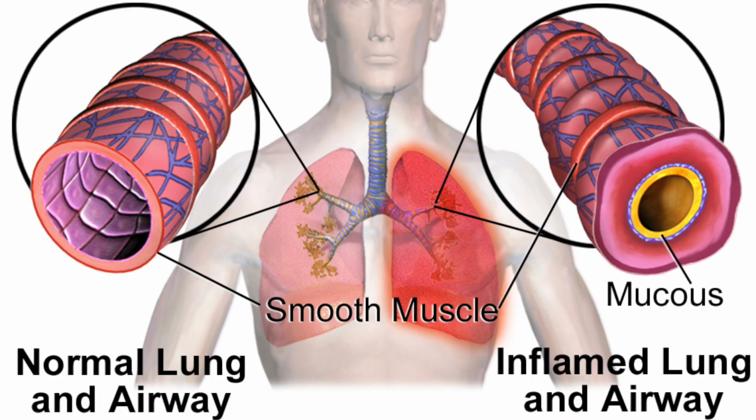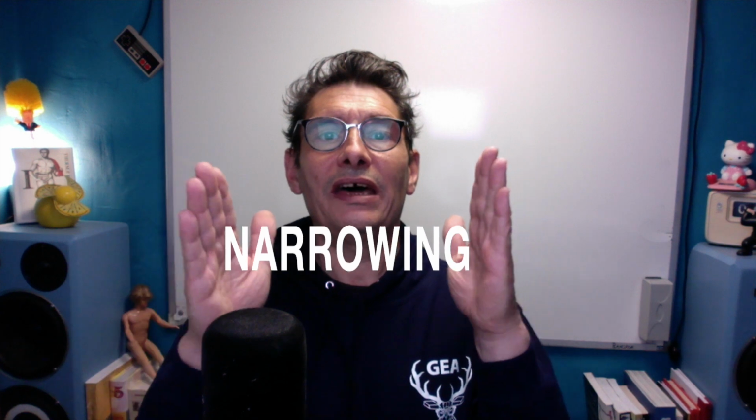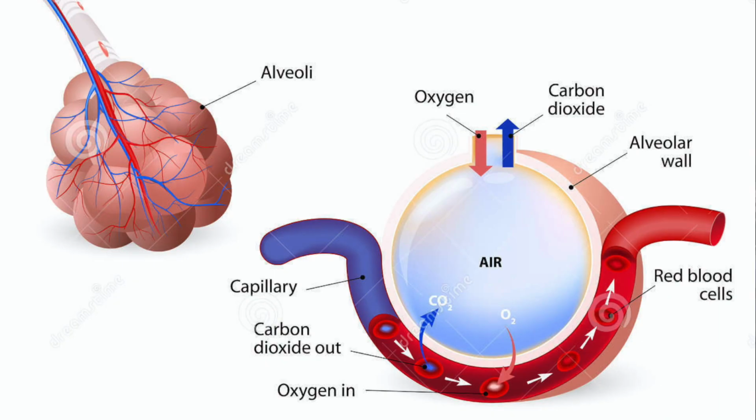It causes scarring and constrictions in the airways. The term obliterans means permanent narrowing, so as a result of the scarring, air movement and gas exchange in the alveoli is severely affected.